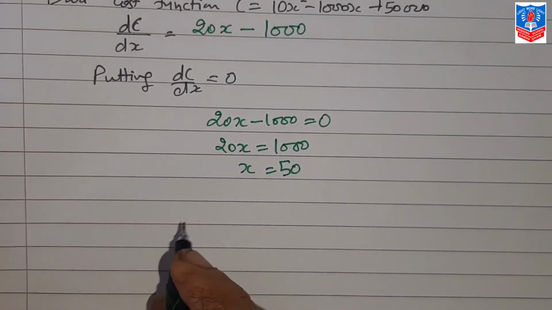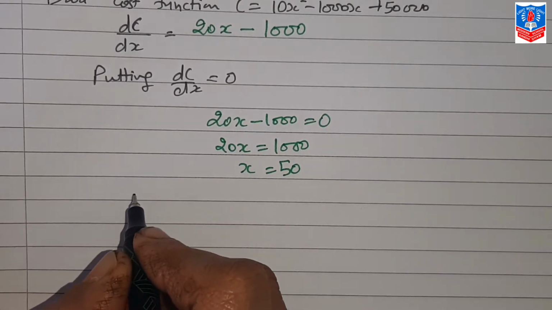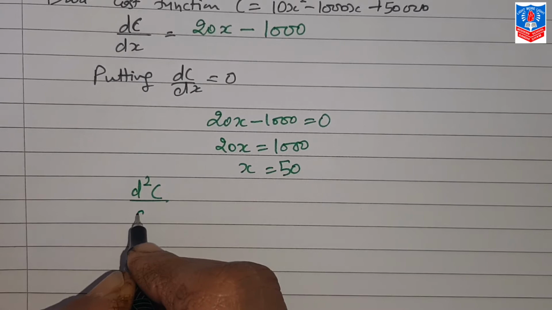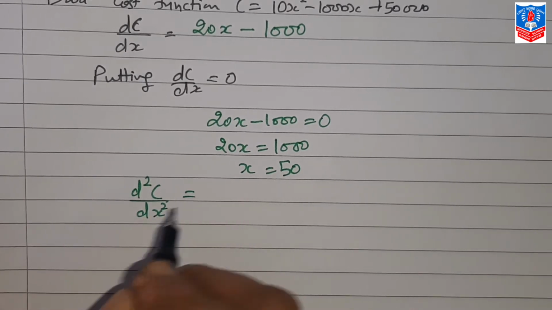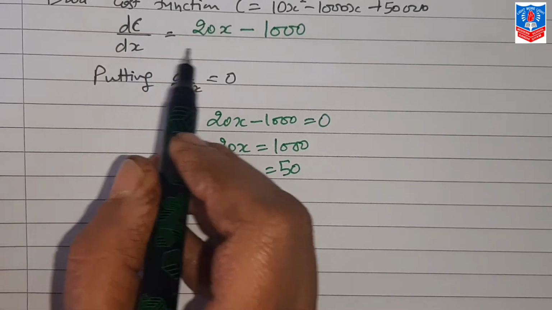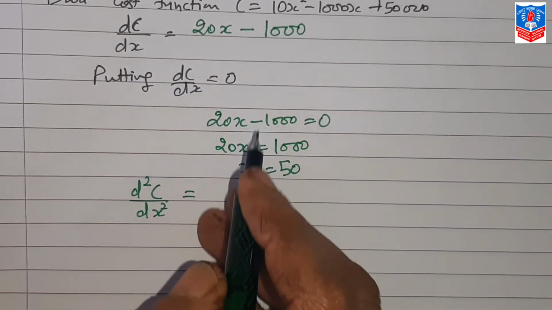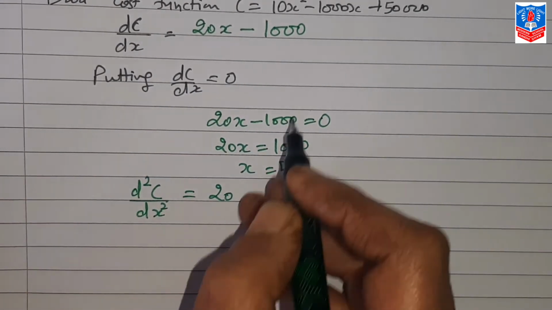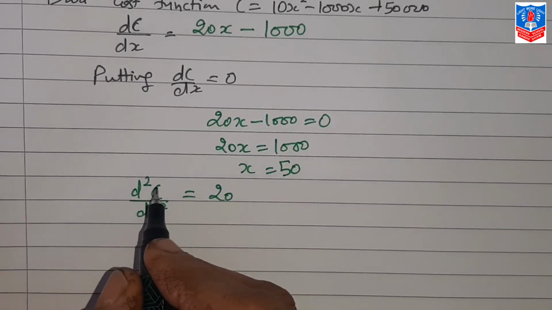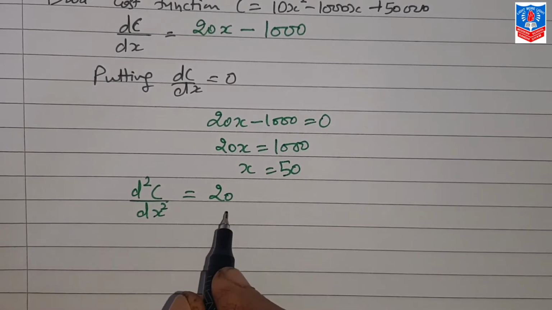Now next step, we find d²C/dx², the second order derivative of dC/dx. Now this will be 20x, so it will be 20, and again a constant number gives 0. So d²C/dx² is 20.